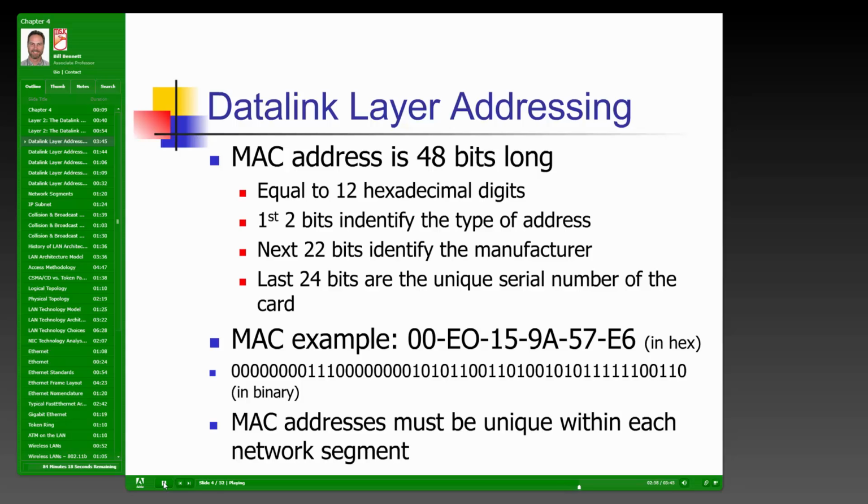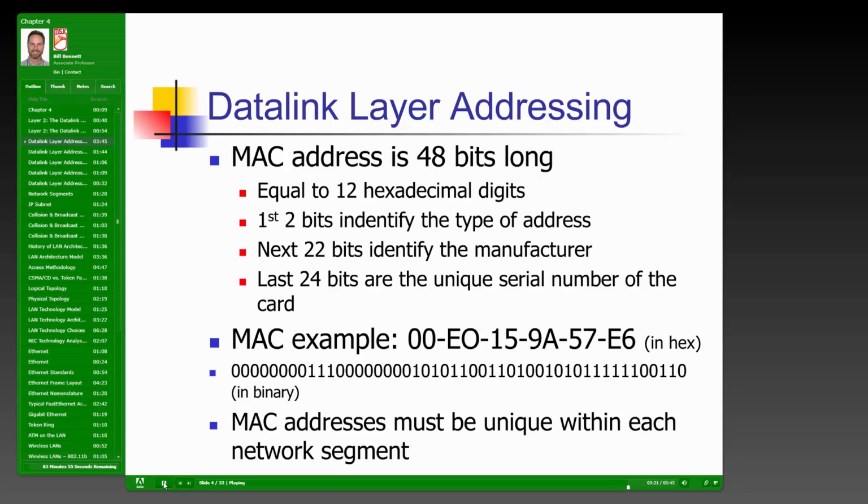Now every single network segment has to have unique MAC addresses. That means every device operating in a single Ethernet segment will have to have a unique MAC address, and most likely they will. The chances of duplicating a MAC address are quite small.